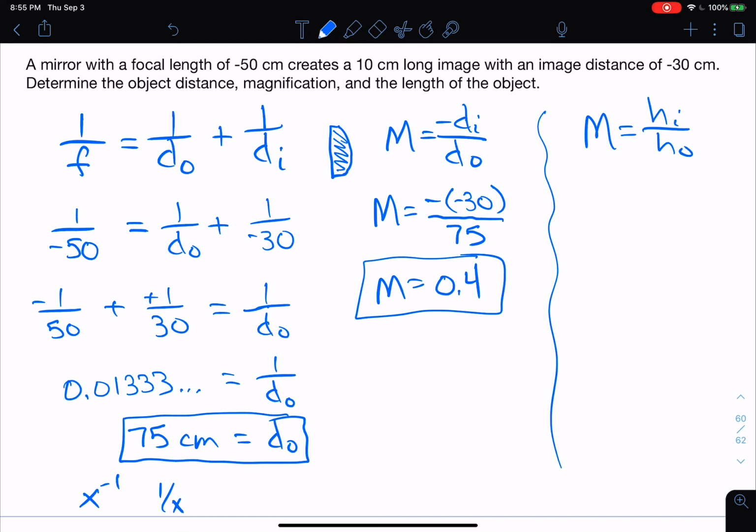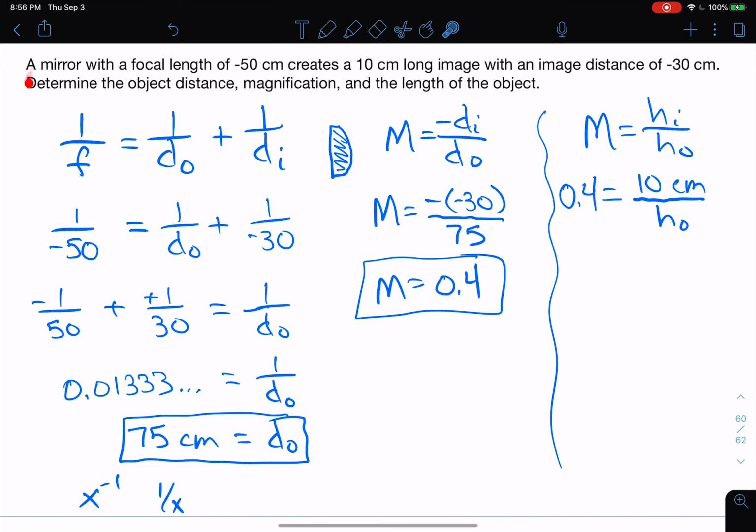Now we can figure out the length of the object because we know the length of the image. So moving over here to this formula, magnification is 0.4. The image height, I'm putting the image height in as positive. It's actually 10 centimeters. That's important because this is a virtual image, because I know it's a virtual image because my image distance is negative.